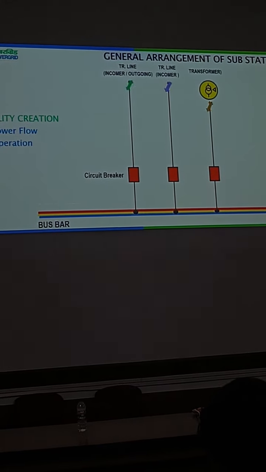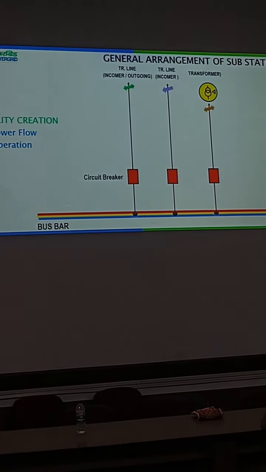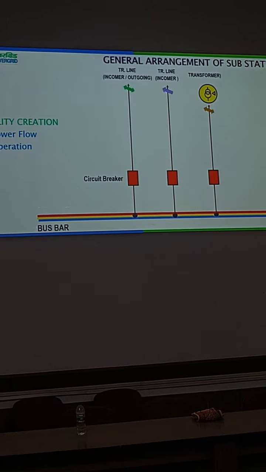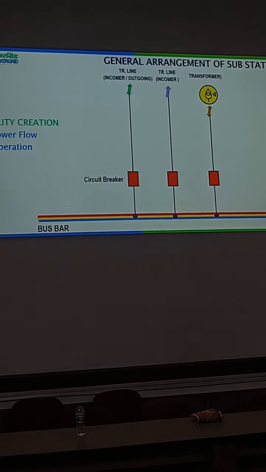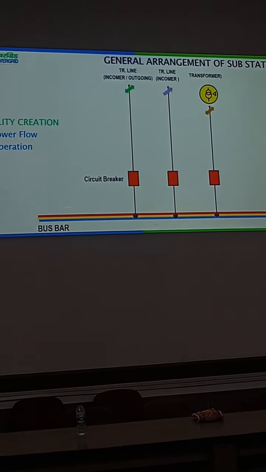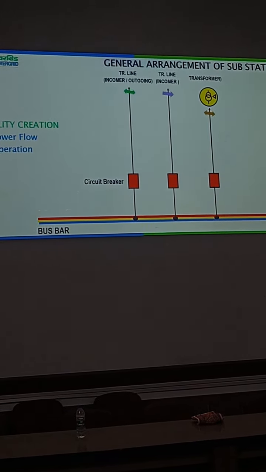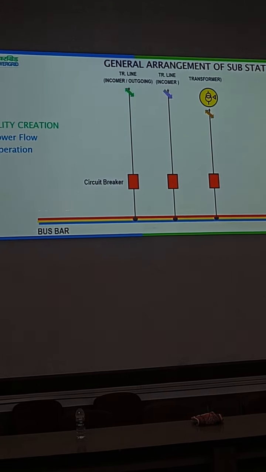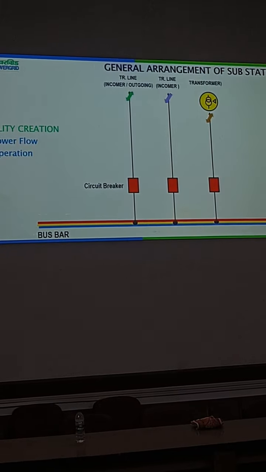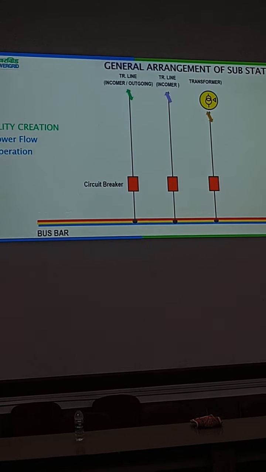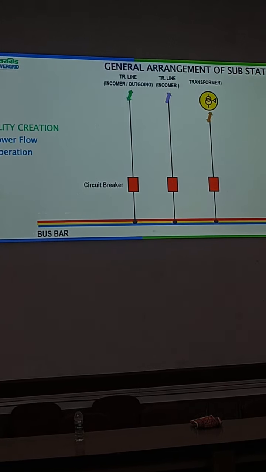Now what is the next feature required in any asset? Next priority. Any asset, what should be the priority?